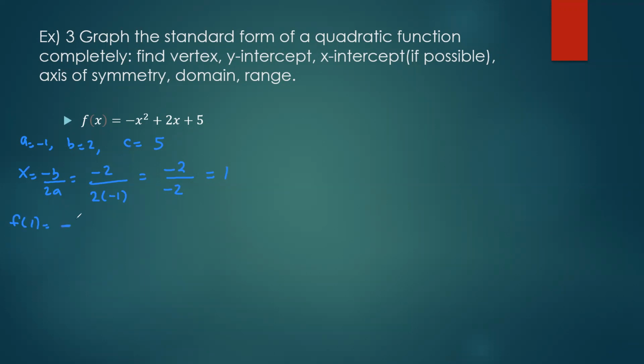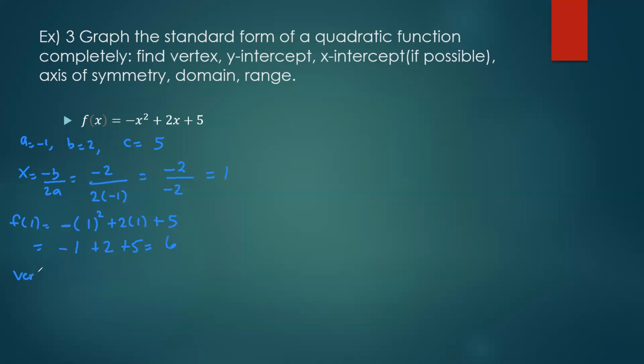Then you plug 1 into the function, right? So it's negative parentheses 1 squared, plus 2 times 1, plus 5. So 1 squared is 1, and then you have a minus, so that's minus 1 plus 2 plus 5, and that gives you 6.